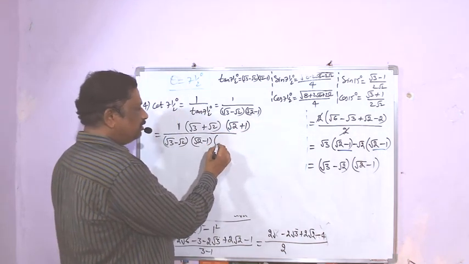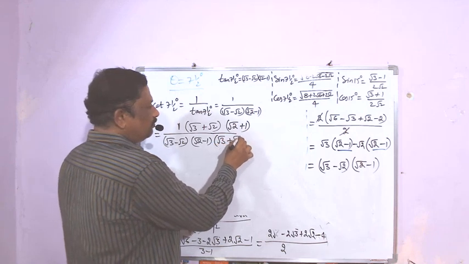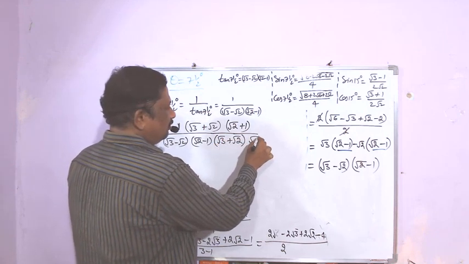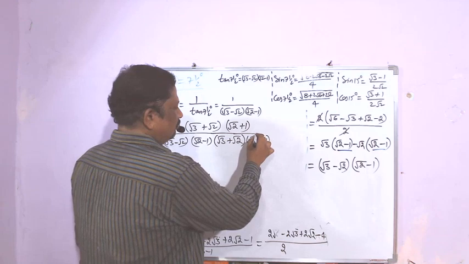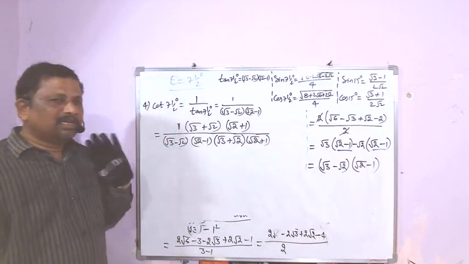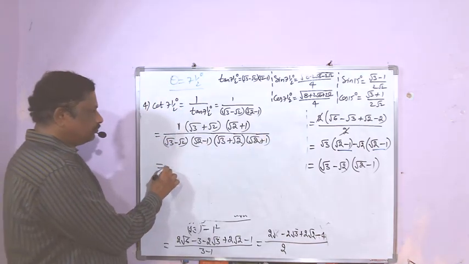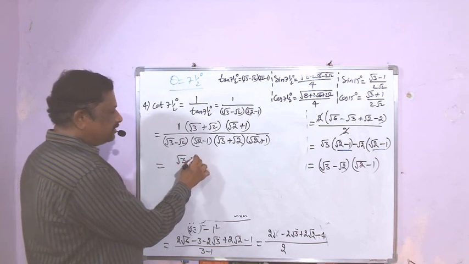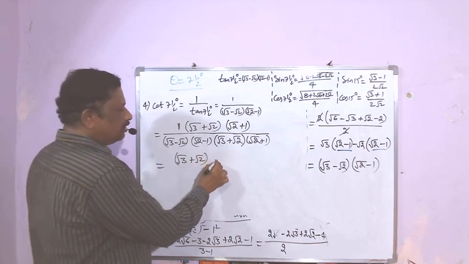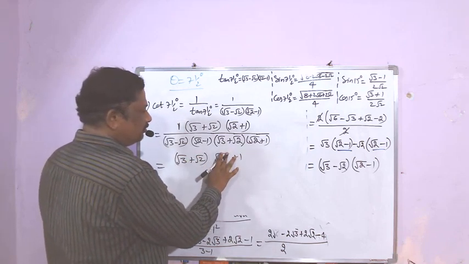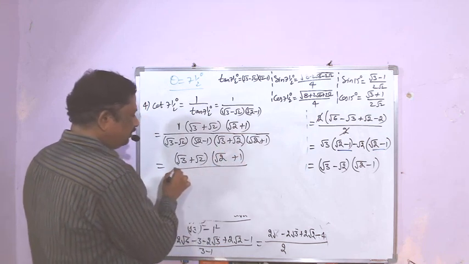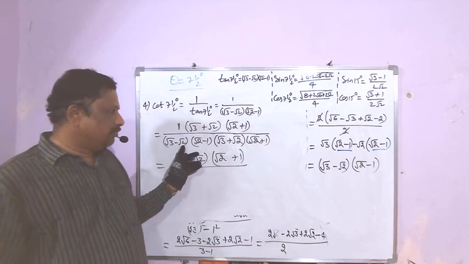Same thing you multiply in the denominator. Both will cancel, so you will get no change. So numerator remains as it is. No change in numerator.